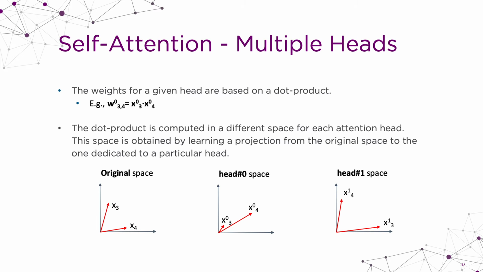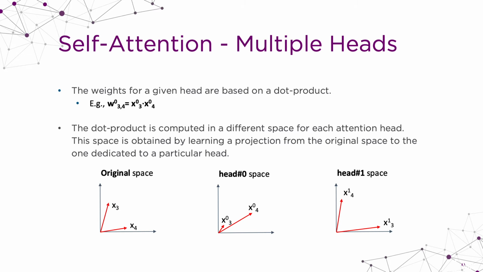But before computing the dot product, for every attention head, we will project the vector from the original space into a different space. And this projection will be learned by the model. So I don't need to specify that. We just hope that the model will learn to project these words in a way that will capture some particular kind of relationships.